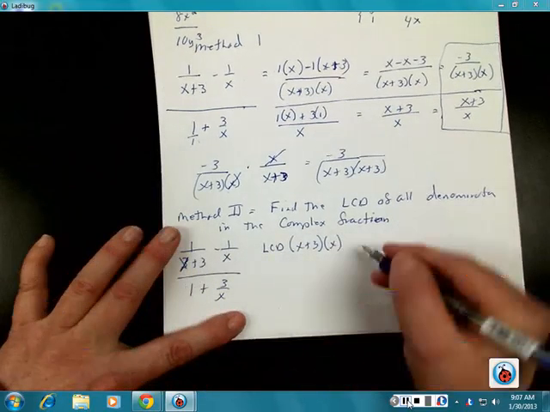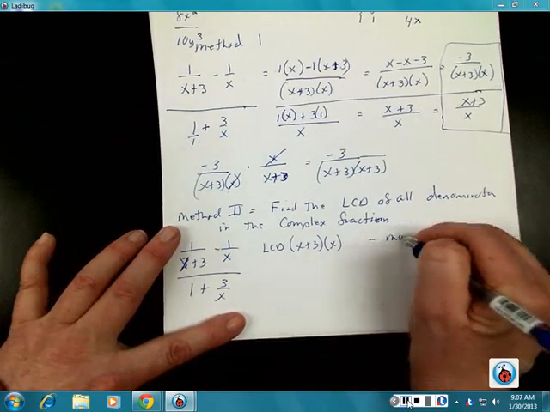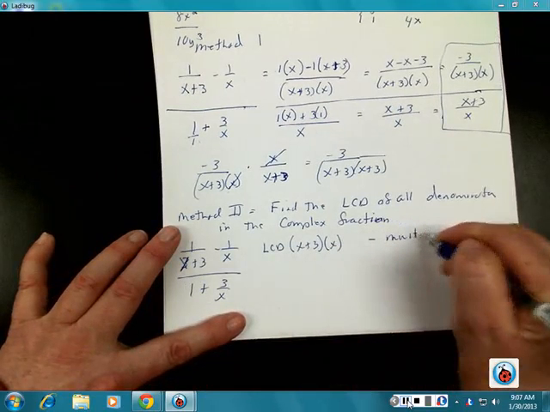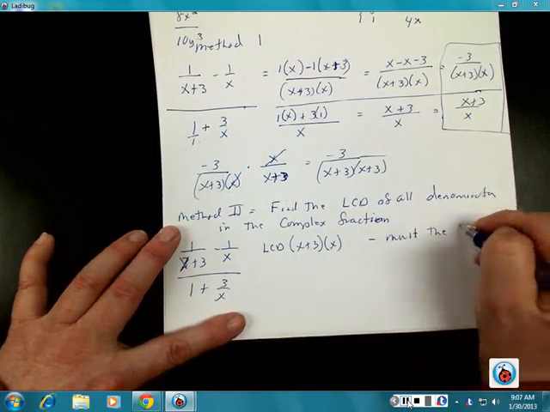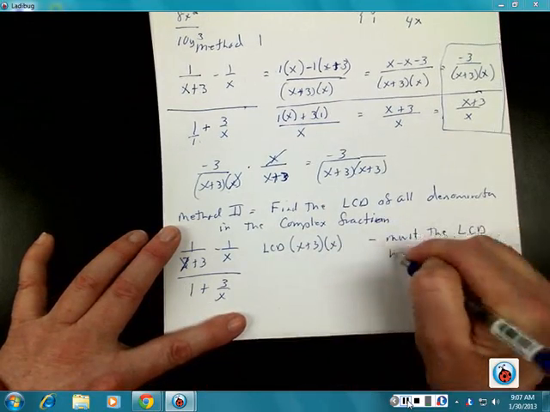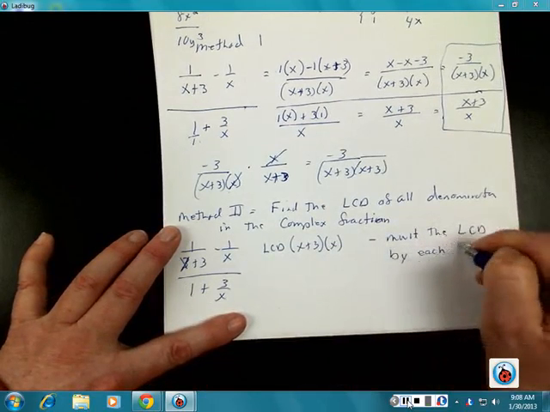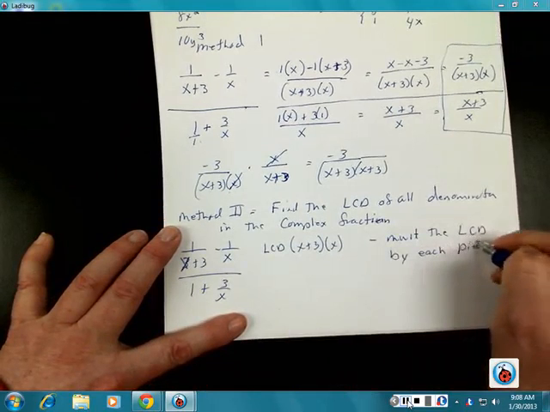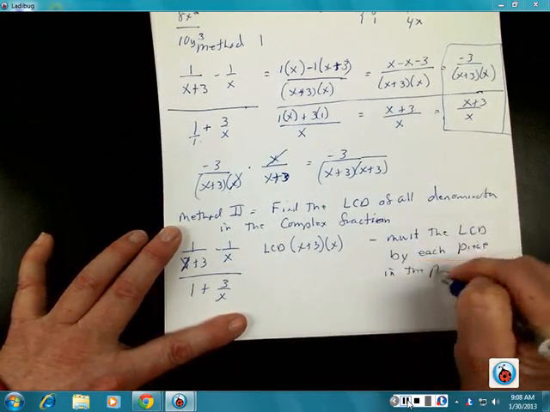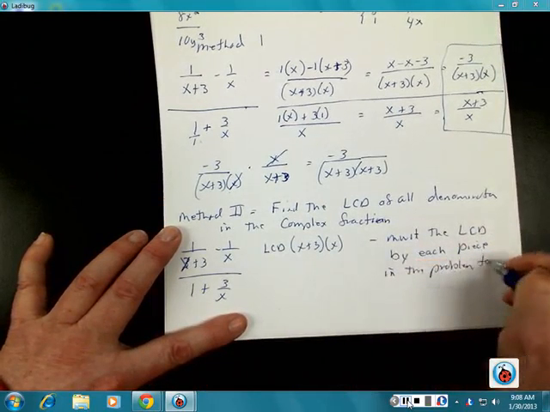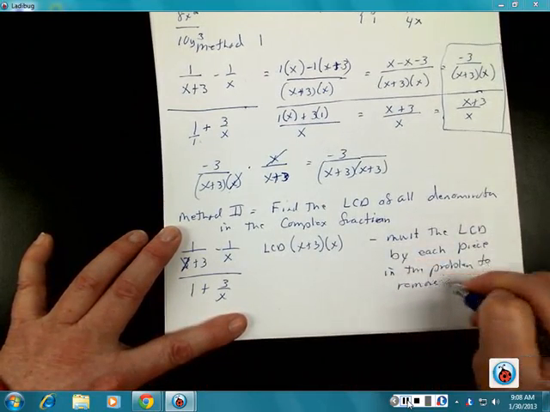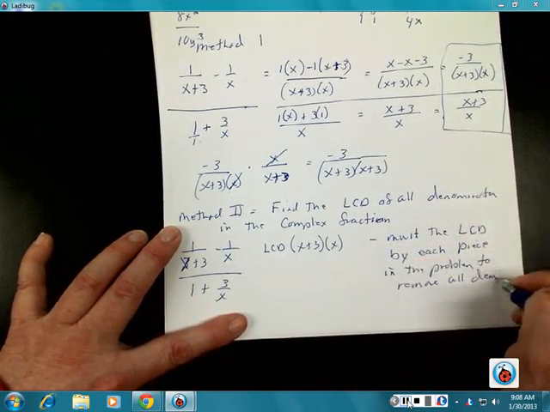So now what I'm going to do is multiply the LCD by each piece in the problem to remove all denominators.